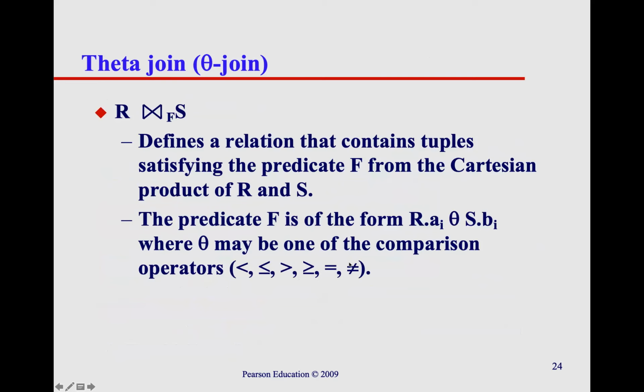The only one we normally care about is equal, but theoretically, you can do a join of, say, R and S, where A is less than B. But I've never thought about what kind of operation that would be.